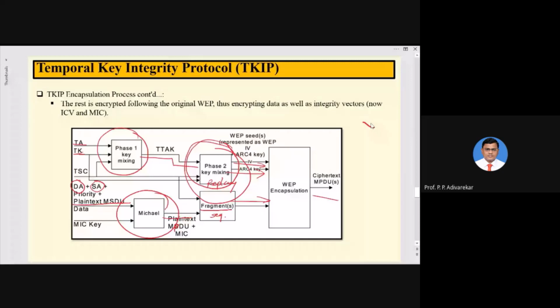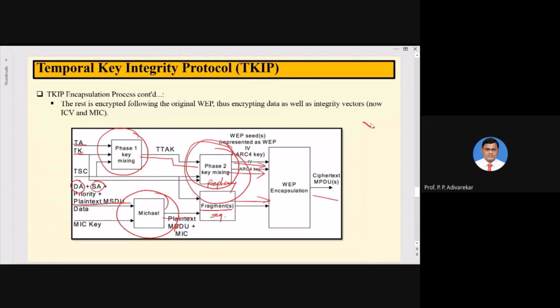Now importantly, there is a change in the key sequence. A key sequence is generated on the basis of two-level key mixing. In the first level, fresh keys are used for keeping the initialization vector fresh, and in the second phase, the sequence number is generated to avoid the replay attack. And that is used for the PRNG.